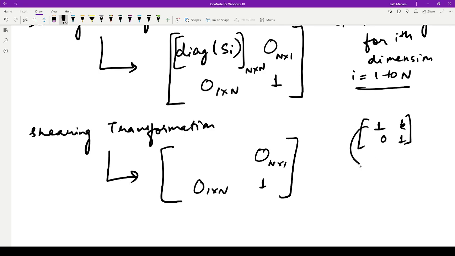This is shearing along the x-axis. If you want to do shearing along a specific axis, k_i, where i is the ith axis whose contribution you want to take in the jth row, it will be 1 0 0 0, and you shear with the ith dimension, and others will be 0, and the whole other thing will just be identity. Do you agree?